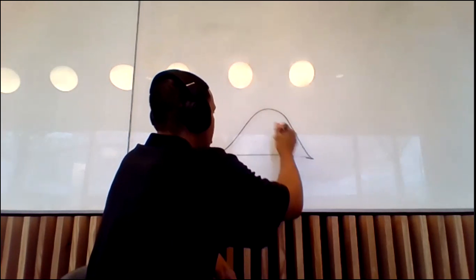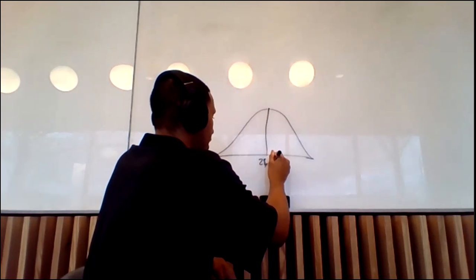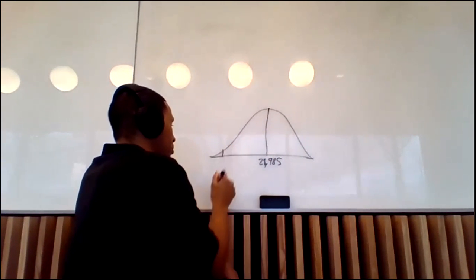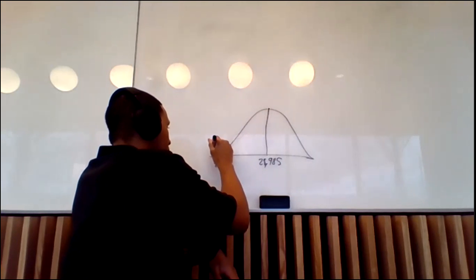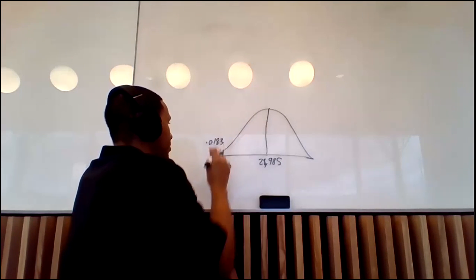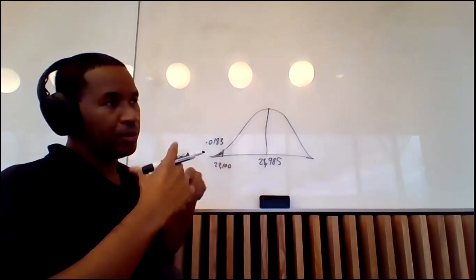So we did a one-tail test. And if you all remember, the hypothesized population mean was 28,985. We pulled a sample mean of 24,100, and then the p-value associated with that sample mean was 0.0183. Okay. Now, that's if you do a one-tail test.